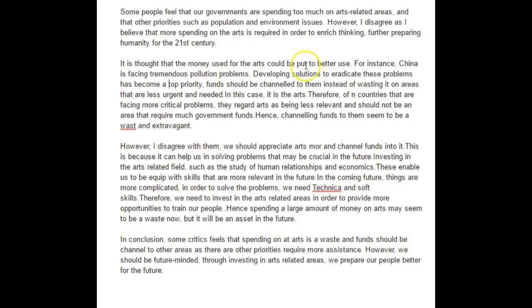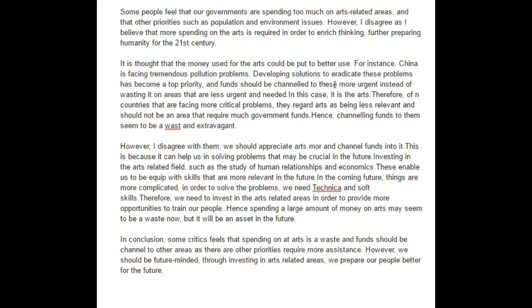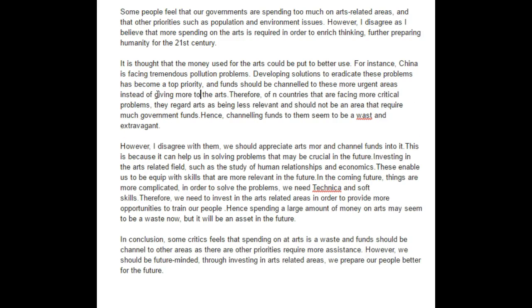So here I think we should say, developing solutions to eradicate these problems has become a top priority. And funds should be channeled to these more urgent areas instead of giving more to the arts.